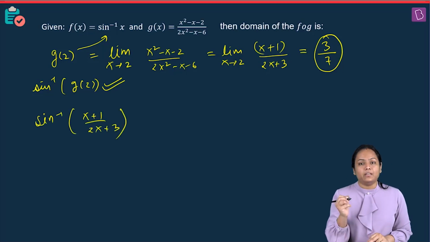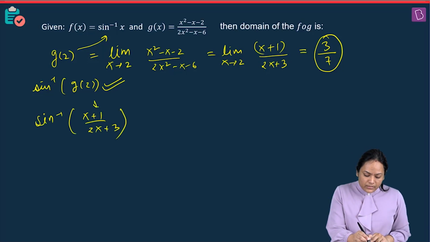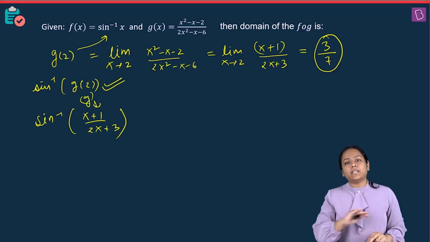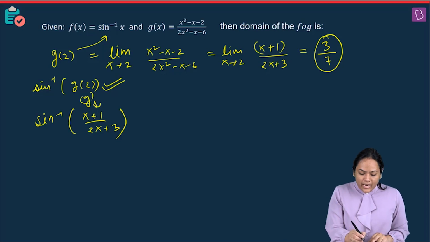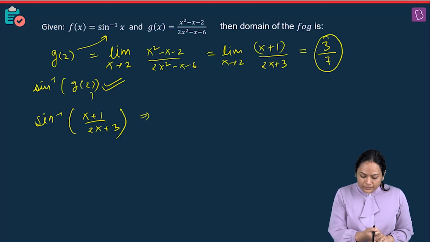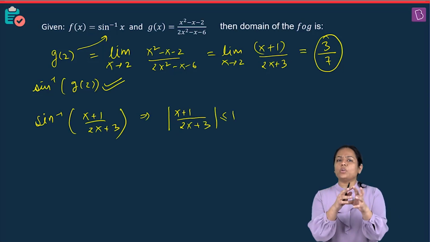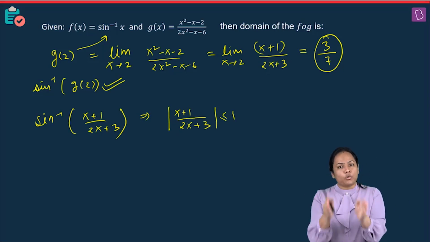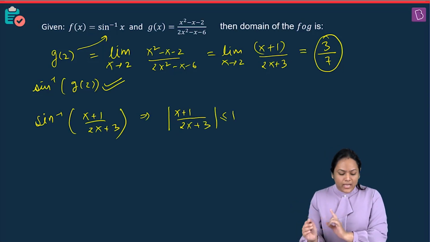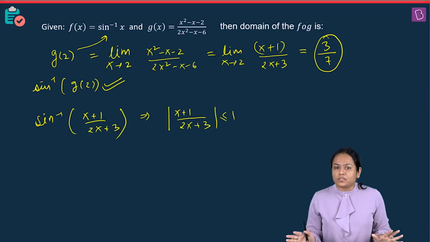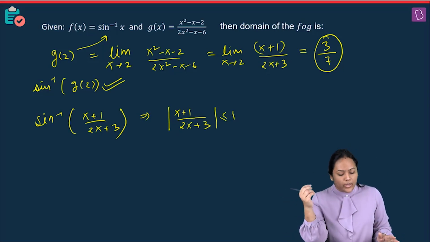Now I have to check that sine inverse of (x + 1)/(2x + 3) should be defined. This part is nothing but g after cancelling the common factor. So that means |(x + 1)/(2x + 3)| should definitely be less than or equal to 1. Right? If the quantity lies between −1 and 1, its modulus is less than or equal to 1. Now I have to just solve this. There are two ways.